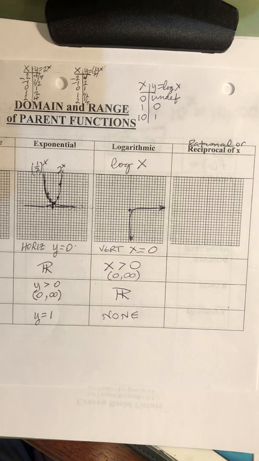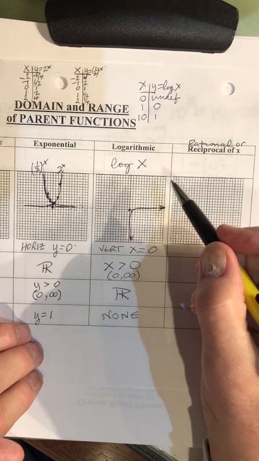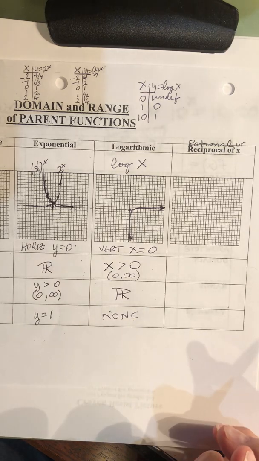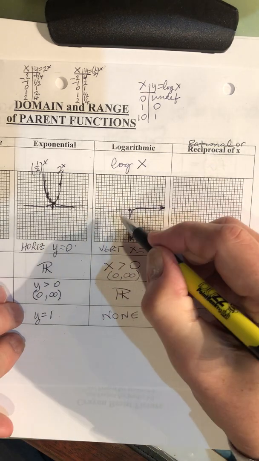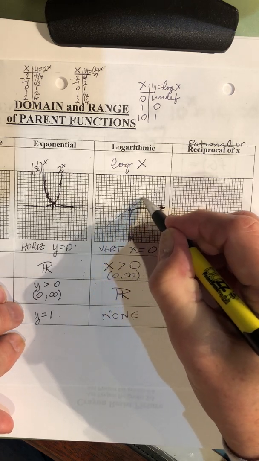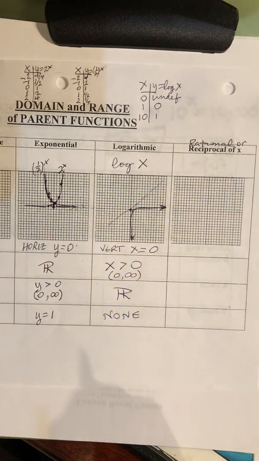Okay, and one last thing that I'd like to talk about in regards to this graph is what would be the inverse. Do you remember inverses? That's when it's a reflection across y equals x. So what would that be?